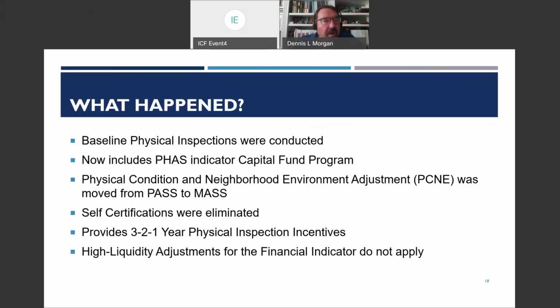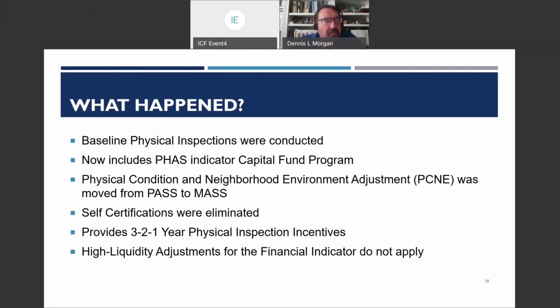Everybody received a baseline inspection, and your baseline inspection then determined the frequency of additional inspections if you were a large PHA or had more than 250 units, based upon those AMPs. It now placed the Cap Fund program into this process as well.